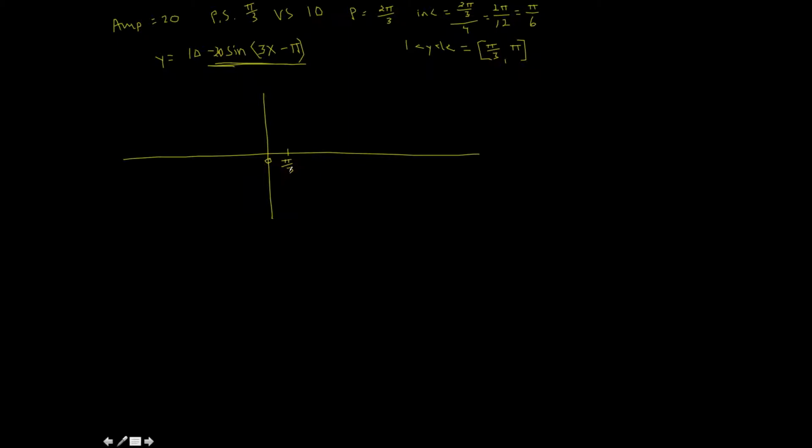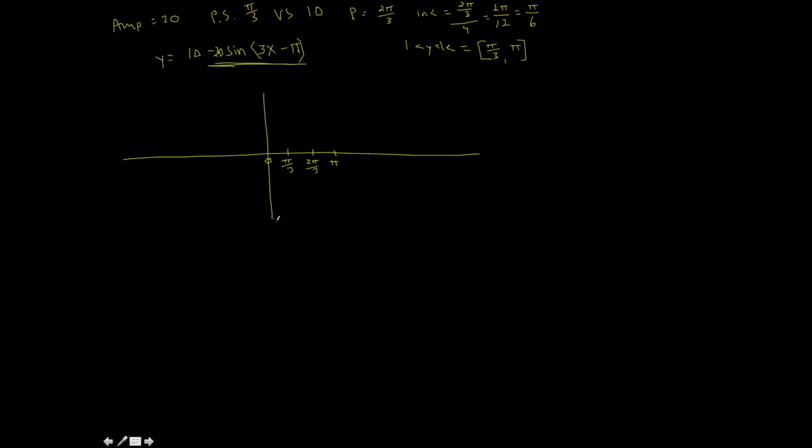And then this is 0, pi over 3, 2 pi over 3, 3 pi over 3. And so that pi over 3 to pi is going to be our first interval there, our first cycle.